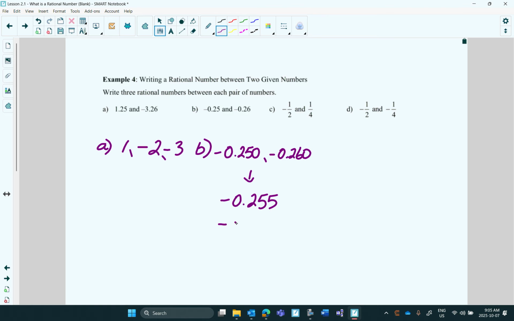So negative 0.2, and then anything between 50 and 60. So we could do 51, 57, 58, 59. We can't do negative 0.24 something because that's outside the range. Kayla.